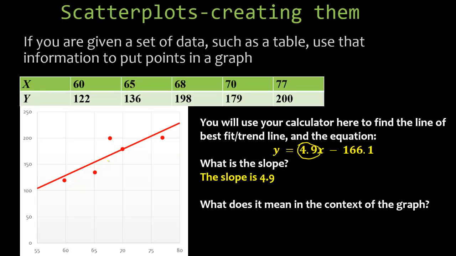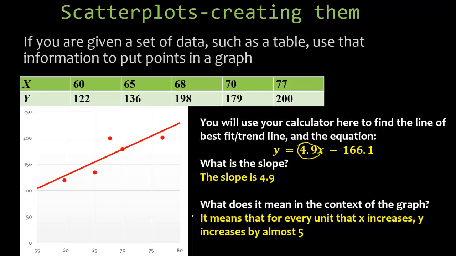Well, we don't have any context because we've just got x and y. But if this represented something else, you would say for every x, it goes up or increases or decreases, depending on what your graph is doing, by y. So in this case, we just say it means that for every unit that x increases, y increases by almost 5. That's why we're not leaving it as a fraction. So make sure you have it as a decimal, okay?